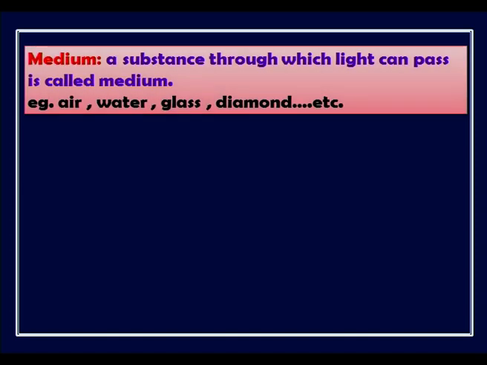A substance through which light can pass is called a medium. Examples of a medium are air, water, glass, diamond, etc. Light can pass through air, water, glass, and diamond. So, they are considered as media.